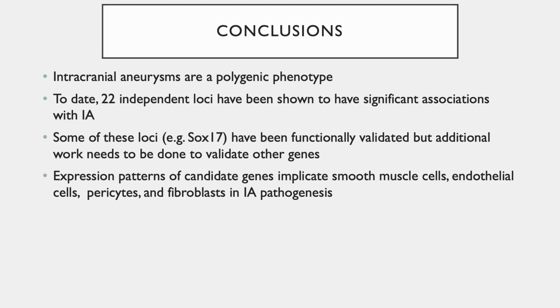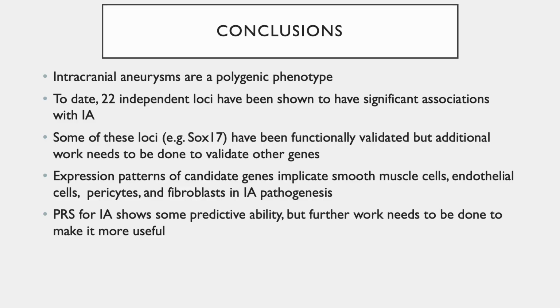We learned that expression patterns of candidate genes from GWAS studies implicated smooth muscle cells, endothelial cells, pericytes, and fibroblasts. And finally, we talked a little bit about polygenic risk scores, and it seems like polygenic risk scores for intracranial aneurysms show some predictive ability, but further work needs to be done to make them more useful.